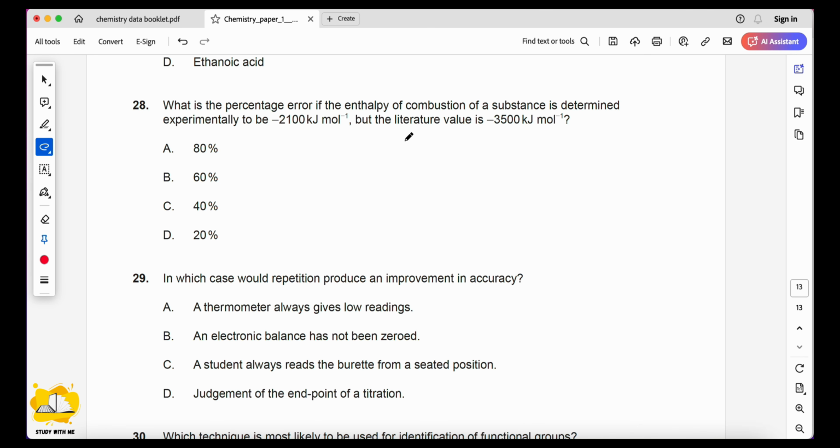What is the percentage error if the enthalpy of combustion of a substance is determined experimentally to be negative 2100 kilojoules per mole, but the literature value is negative 3500 kilojoules per mole?